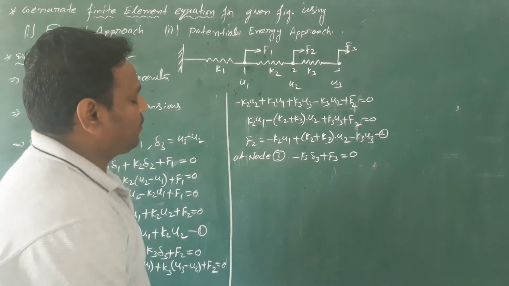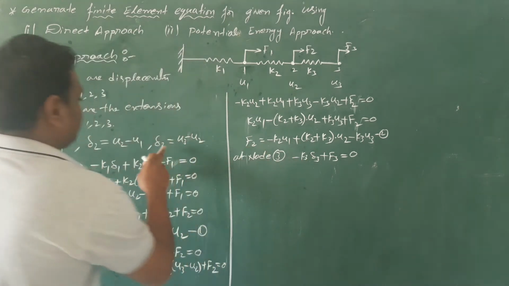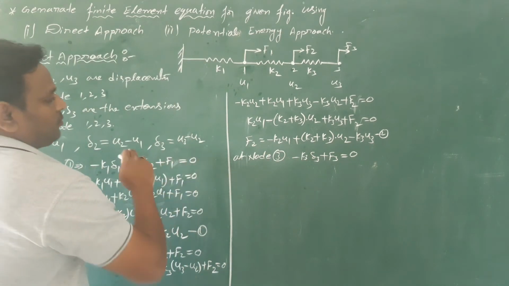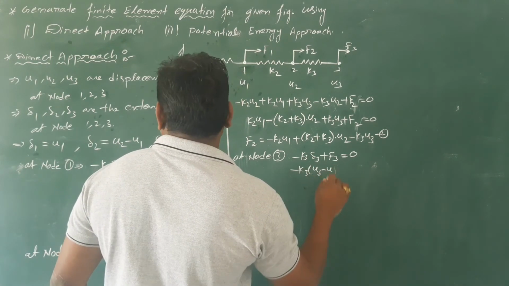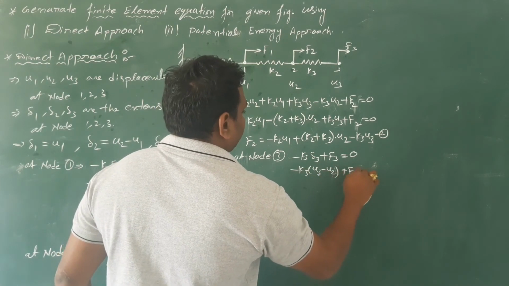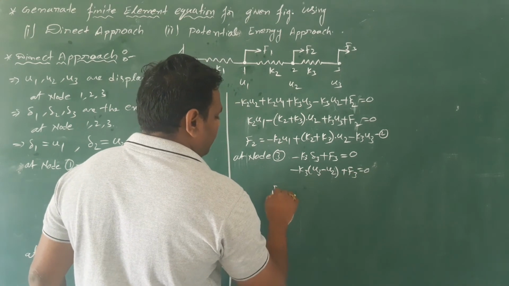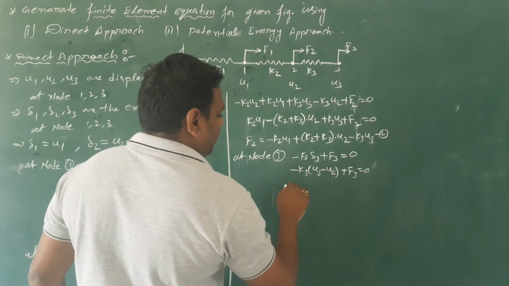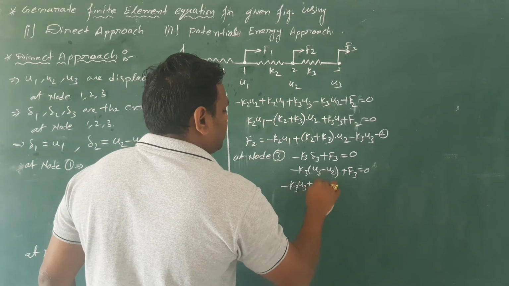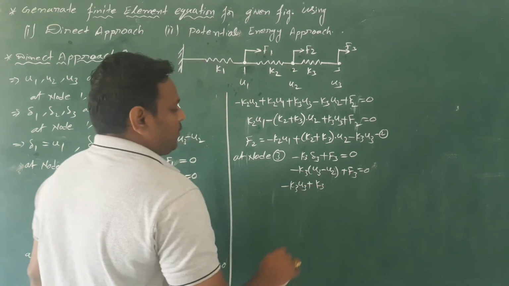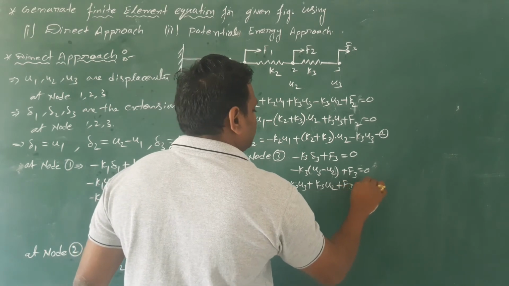So I separated it here, and the equation follows. Now substitute the delta 3 value. Delta 3 means U3 minus U2. So minus K3 (U3 minus U2) plus F3 is equal to 0. Multiplying the entire equation, K3 into U3 plus K3 into U2 plus F3 is equal to 0.